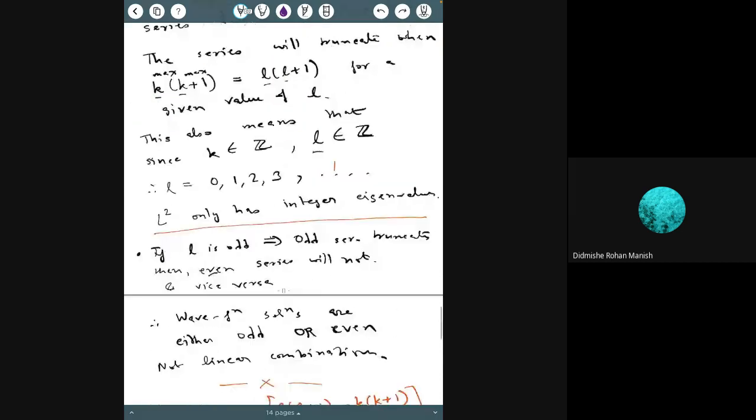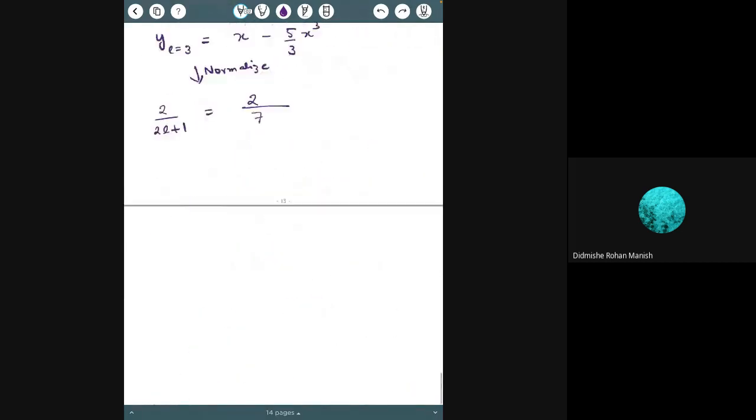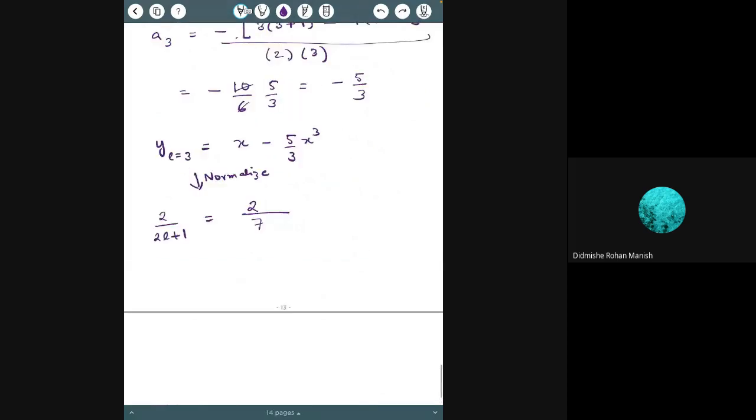Okay, so let me just see, 1 second. So this is this, then this could be the normalization for L equal to 5 actually.